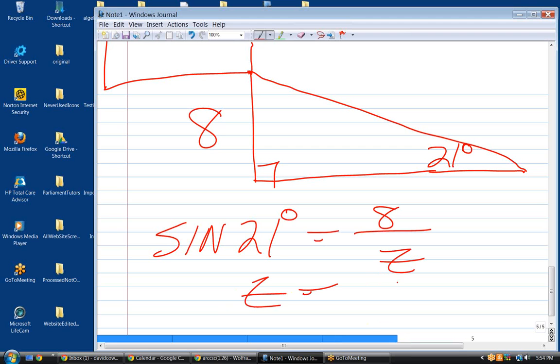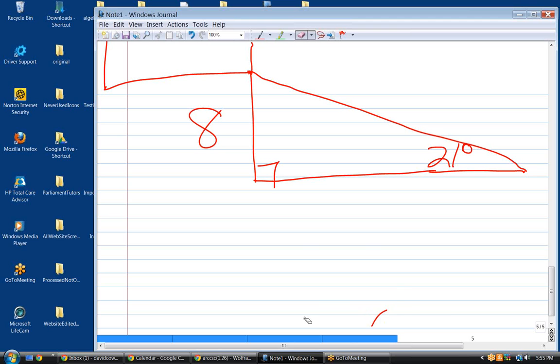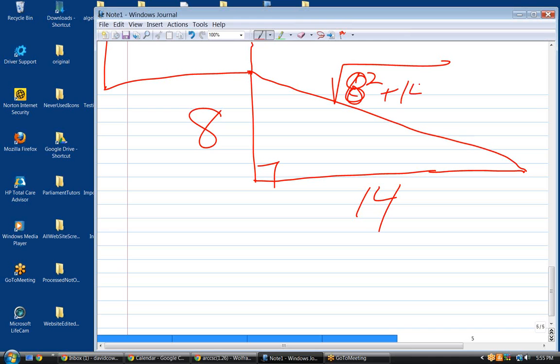So z would be 8 divided by this number that you get out of a calculator. That would have been a much better problem because it would have forced you to use your newfound knowledge of trig instead of your old knowledge of the Pythagorean theorem. So that's the square root of 8 squared plus 14 squared. Okay, what else?